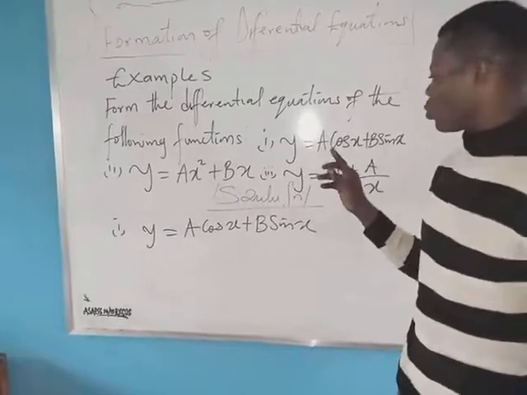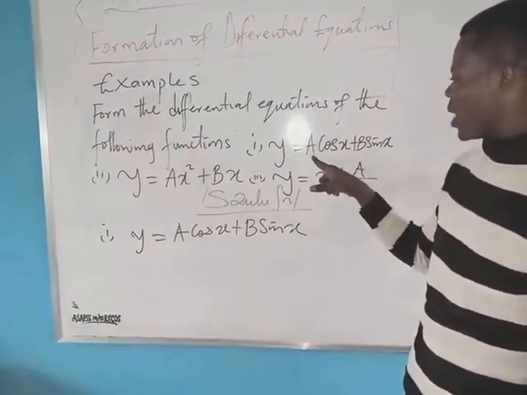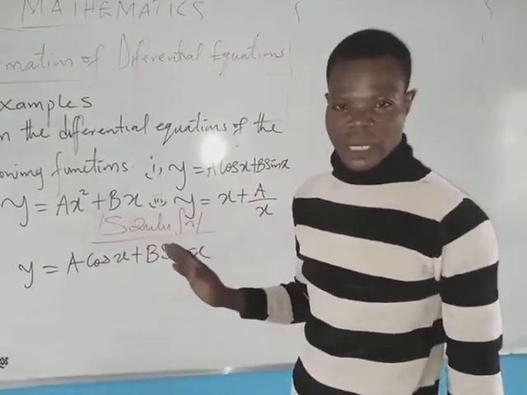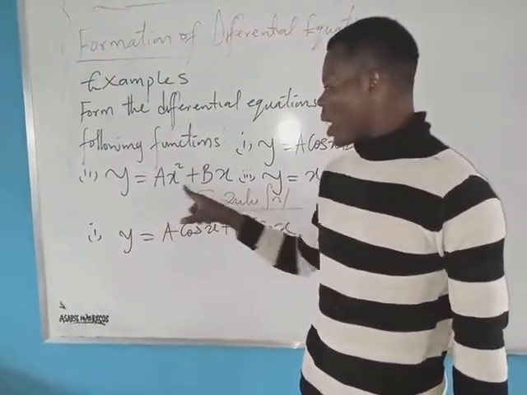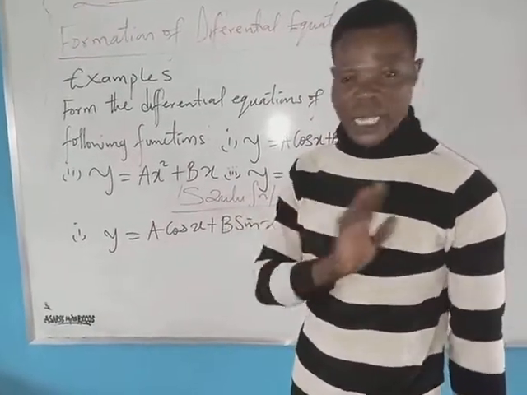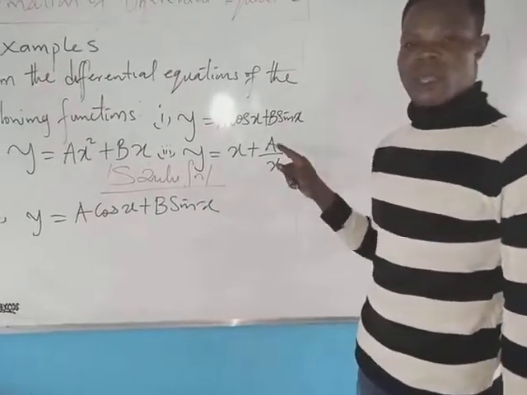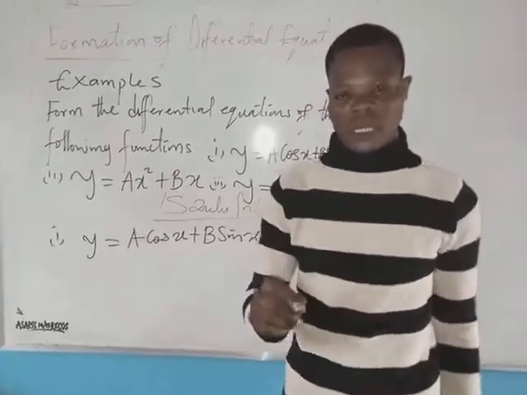In function 1, we have A and B as constant terms, and we want to eliminate A and B. In the second question as well, we have A and B. We don't want to see A and B. And in the third question, we have A. We don't want to see A. And how do we go about this? Let's go.